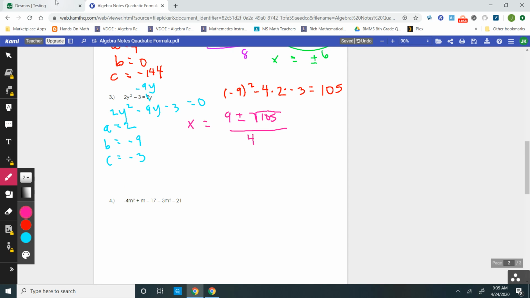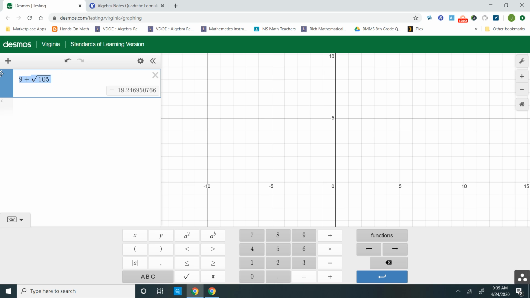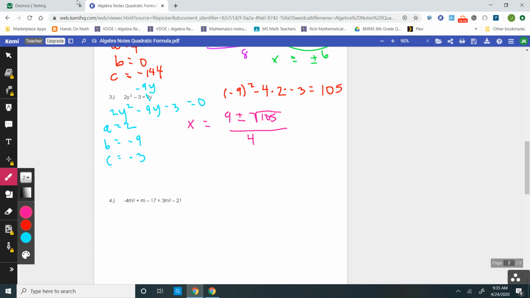And then remember, you can highlight the whole numerator and then you're dividing out by 4. So this will be your first root here. I'm going to round to the nearest hundredths place here. So I'll just say 4.81 for the first one.